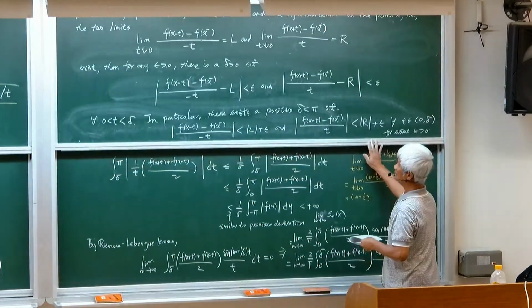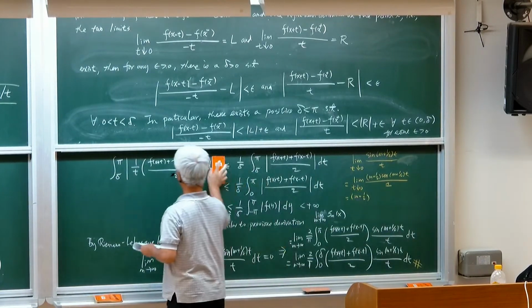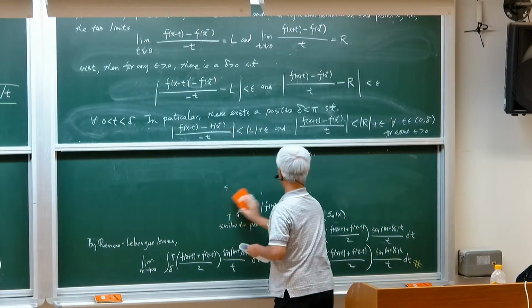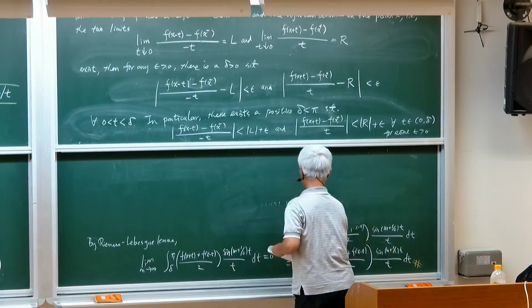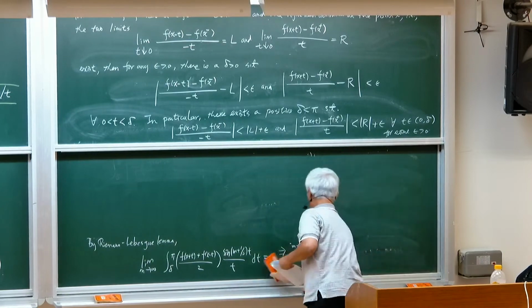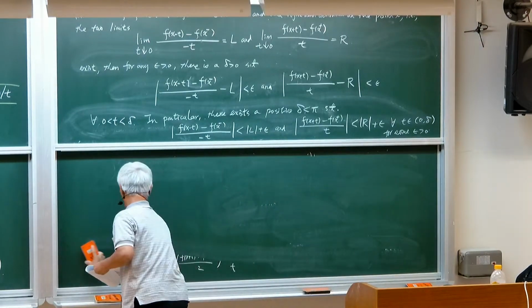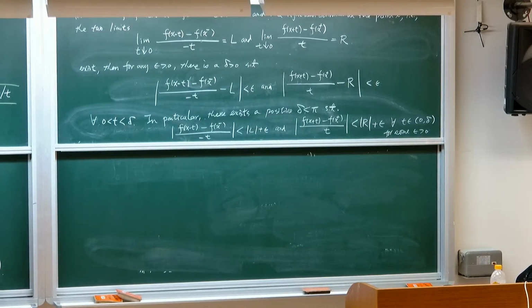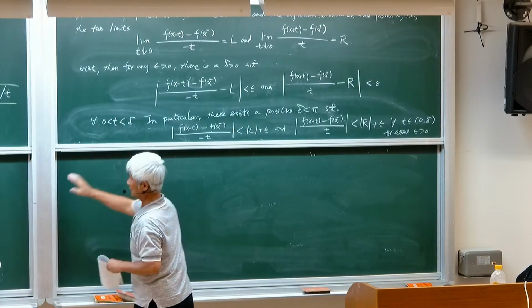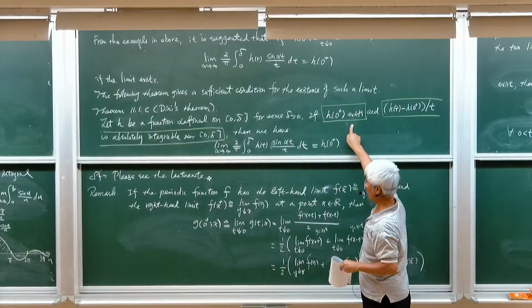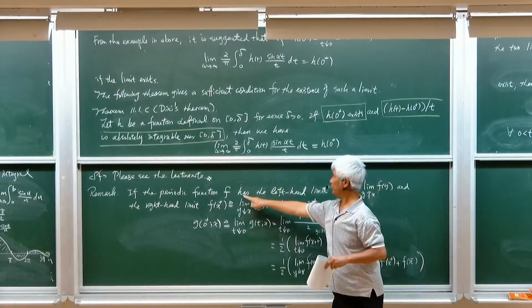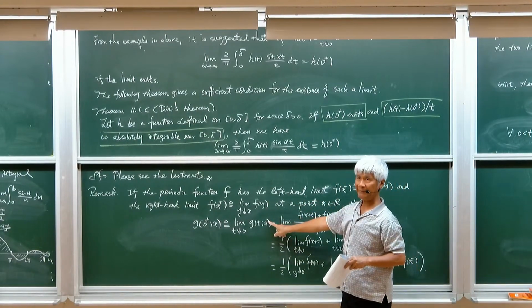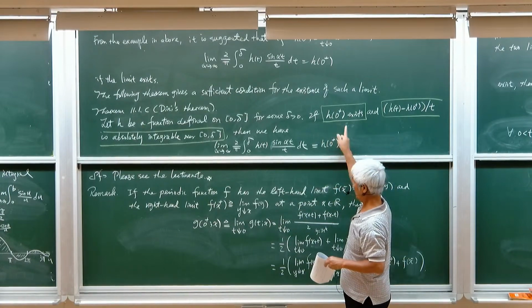Now, to apply Dini's theorem, we need two conditions. The first condition for Dini's theorem is guaranteed when f has the left-hand limit and the right-hand limit.